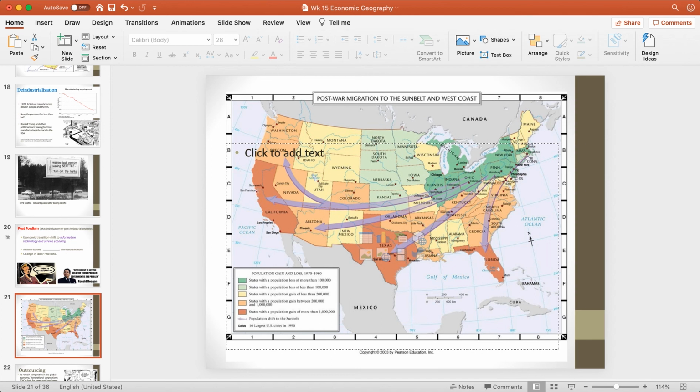And they moved into what was called the Sun Belt. So think of warm places and then places in the South and the West. Florida gained over 1 million people in a decade. Texas gained over 1 million people. California. Other states, maybe we don't think of them as sunny, but on the West Coast, Washington and Oregon, Arizona gained big populations. Missouri, we're pretty much even Steven all the time.